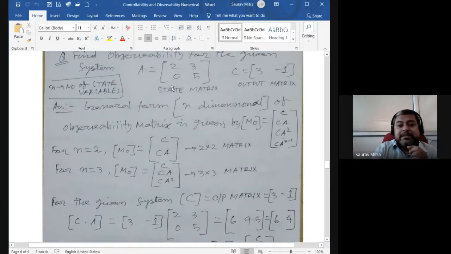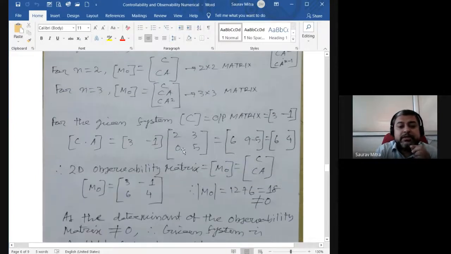So the A matrix is this, and the C matrix is 3 minus 1. For a second order system, the observability matrix MO is equal to C and CA. What is C? C is 3 minus 1, and CA you have to find separately. Whenever I say C and A, don't do A and C. C and A means C comes first and A comes next. The C matrix is 1 cross 2, and the A matrix is 2 cross 2.